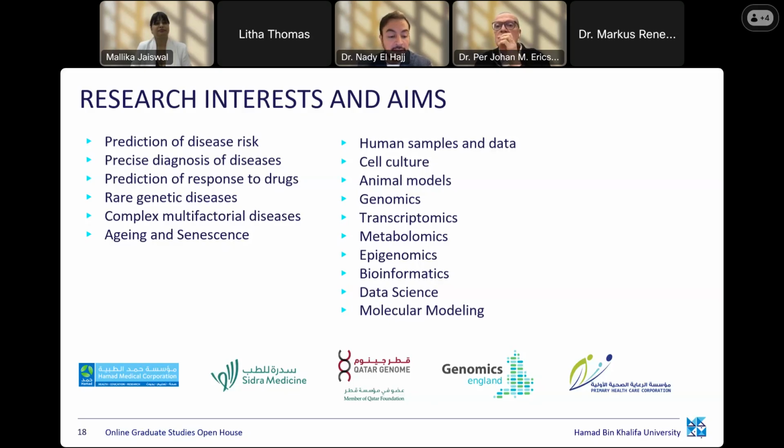And as you can see in the bottom of the slide, those are the main entities that we collaborate with: HMC, Sidra Medicine, Qatar Genome Project, which is now under QPHI, Qatar Precision Health Institute, and the Primary Healthcare Corporation, PHCC. So I hope this was informative, and thank you again for joining this session.